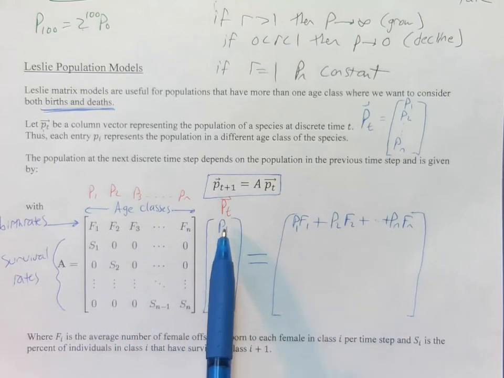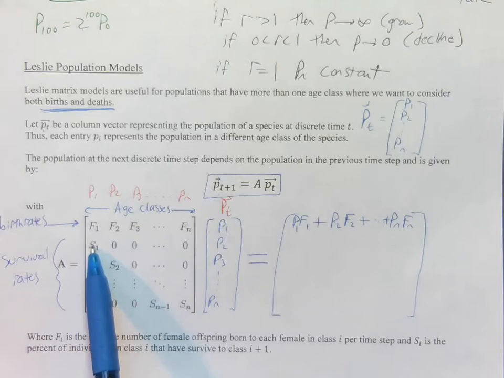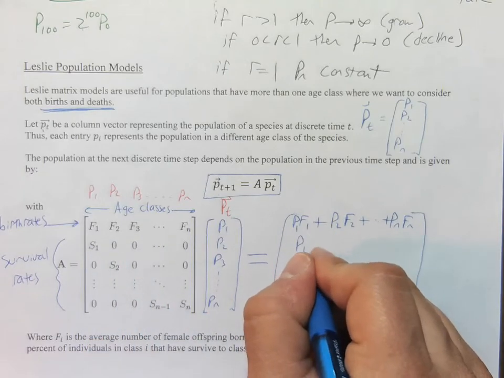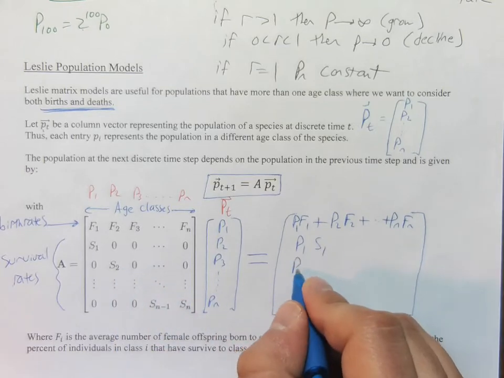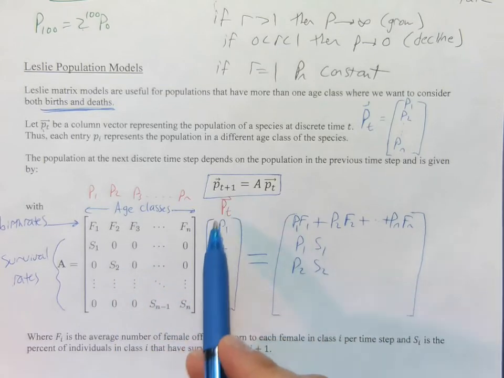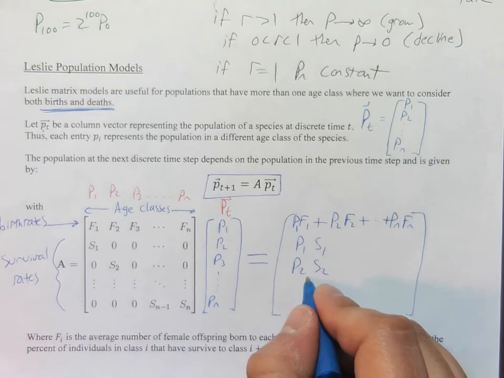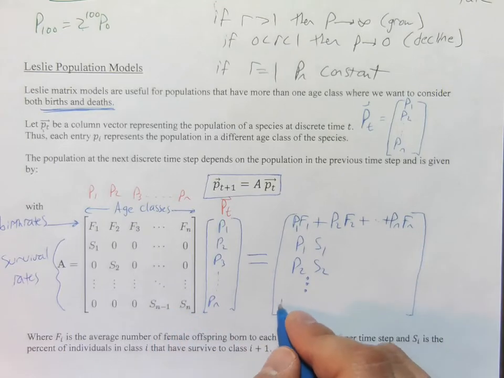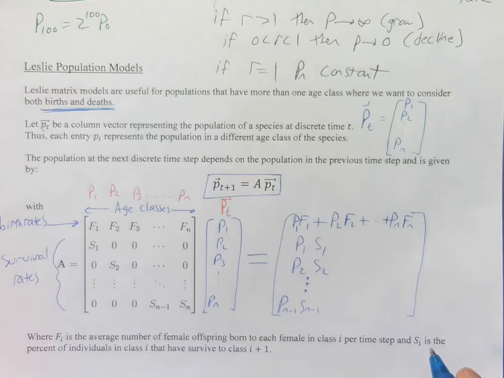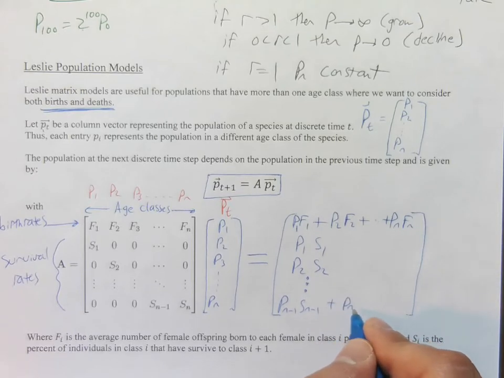So it really ends up being P1 S1 in the second entry. We'll get P2 S2 in the third entry, etc., all the way down, dot dot dot. And then in the last row we have 2 things here. So we're going to get Pn minus 1 Sn minus 1, plus Pn Sn.